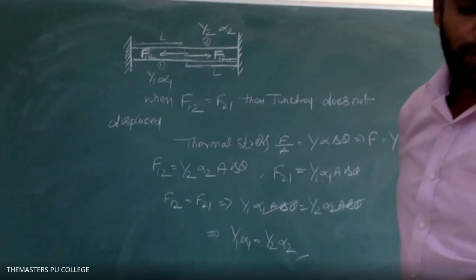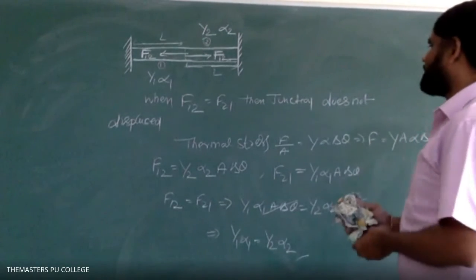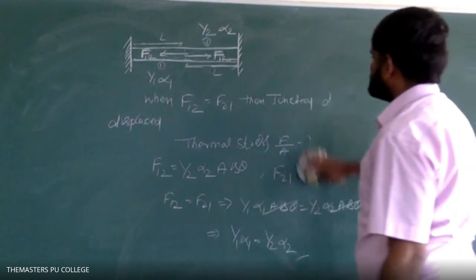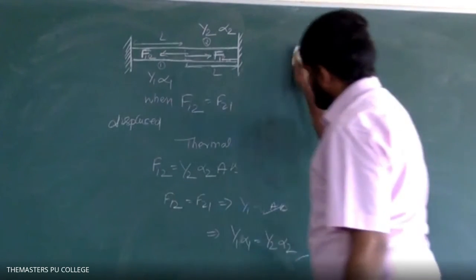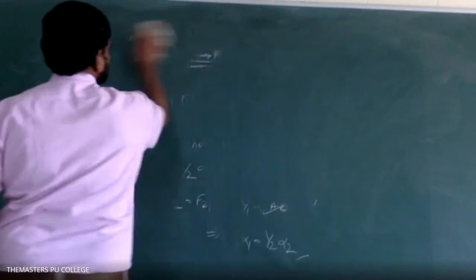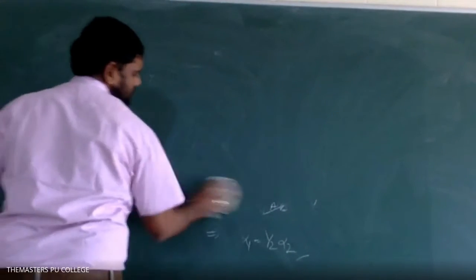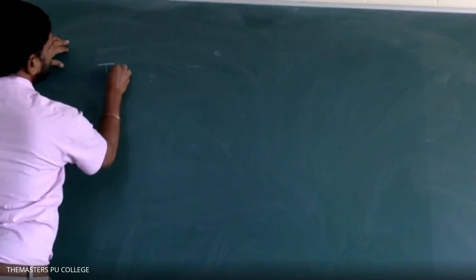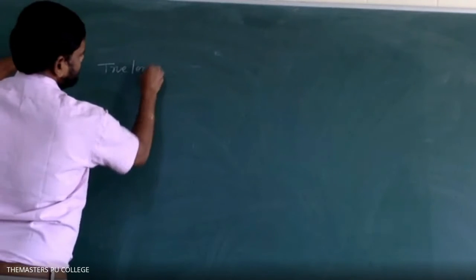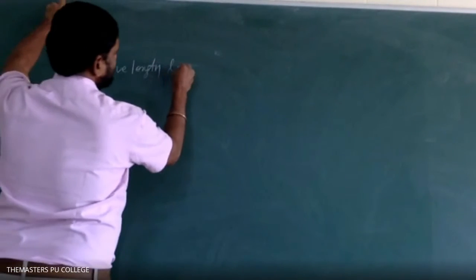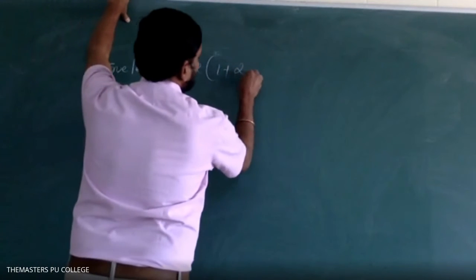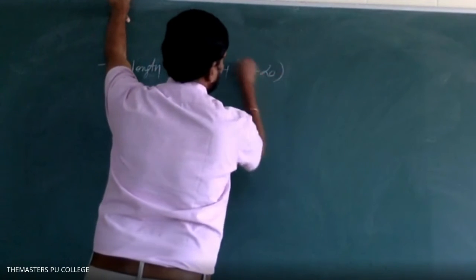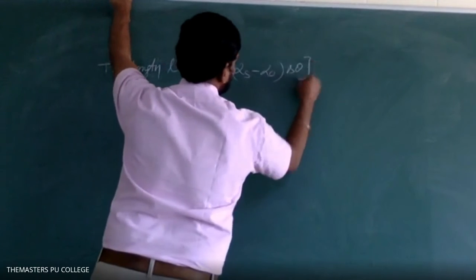So what is the true length? Already we have given a formula. True length, or actual length, L equals reading into 1 plus alpha of scale minus alpha of object into delta theta.